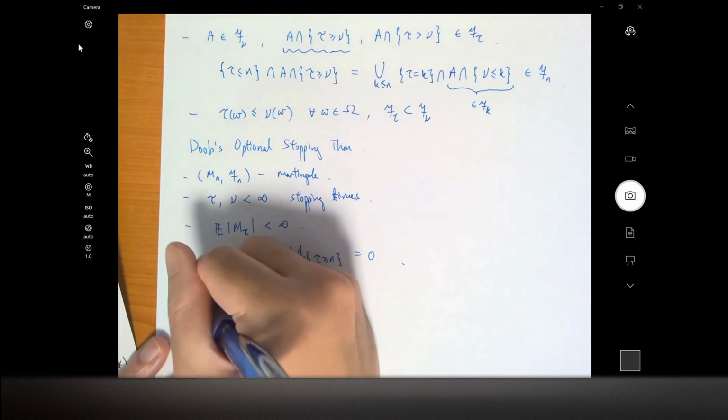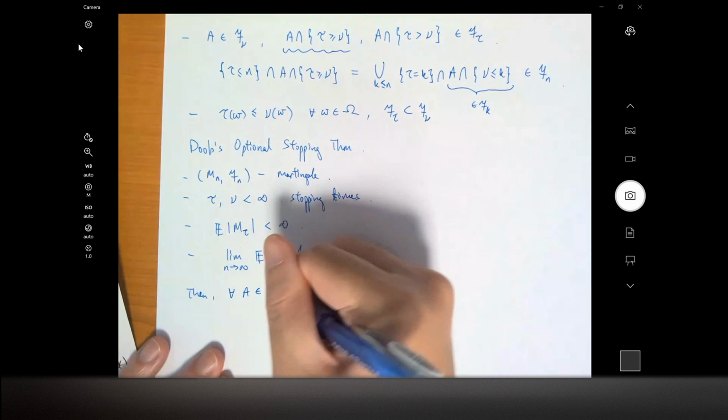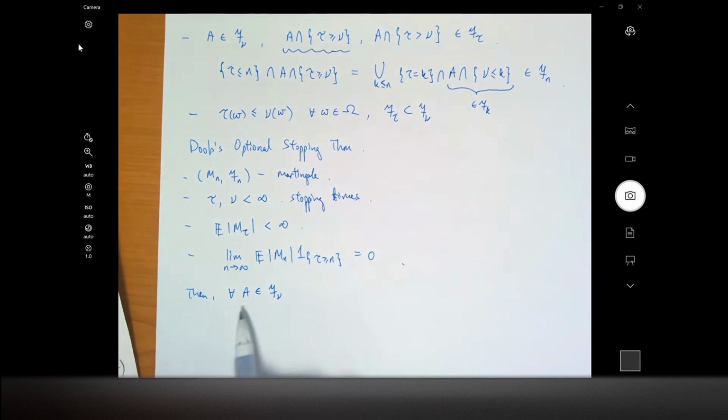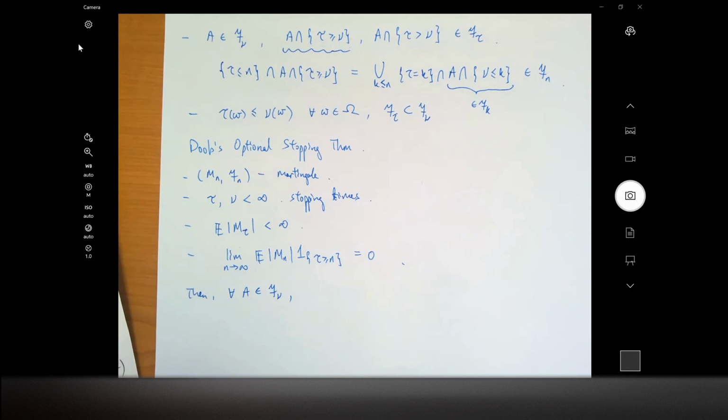Then the theorem says that for all events A inside F nu, where F nu is the sigma algebra associated with your stopping time nu, I'm looking at an event A that is inside F nu. So basically at the stopping time, I'm able to determine the event A. I have all the information of A up to the stopping time nu.